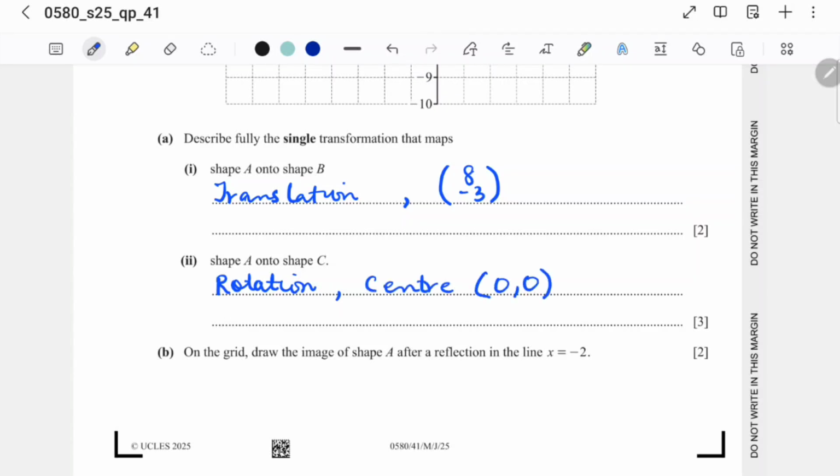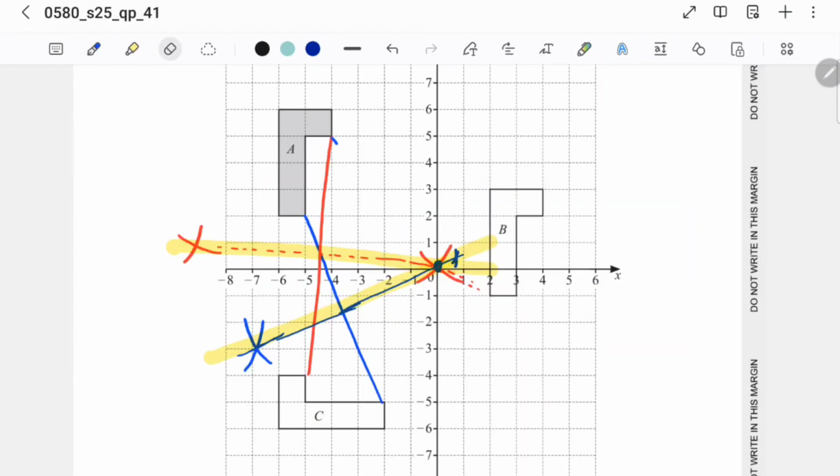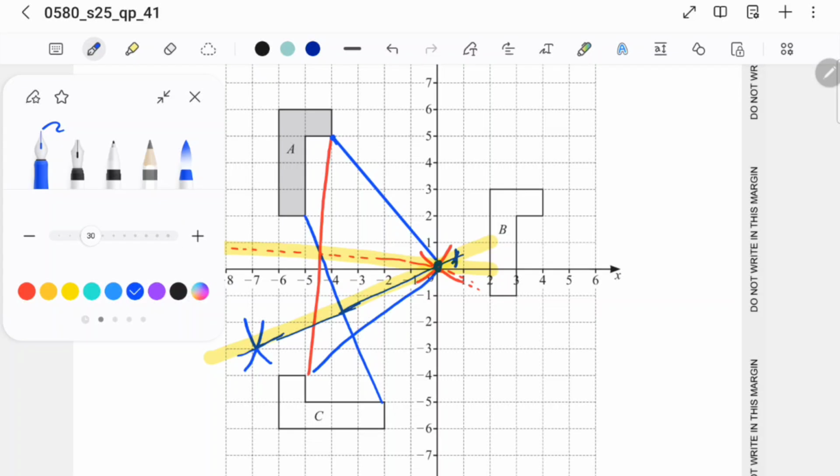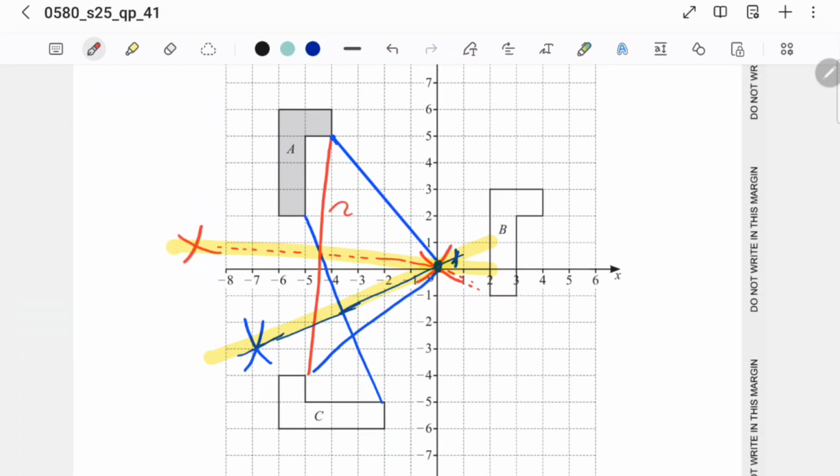Let's see the angle. To find the angle, join the object to the center and to the image. If I check this point, dragging to the center and to the image, I get 90 degrees. And if I check the other one, this line, from here till here, it's also 90 degrees.